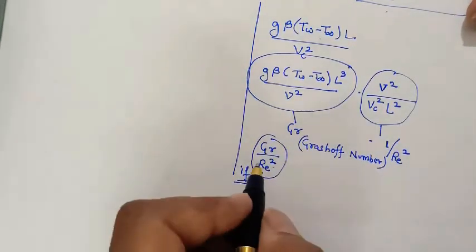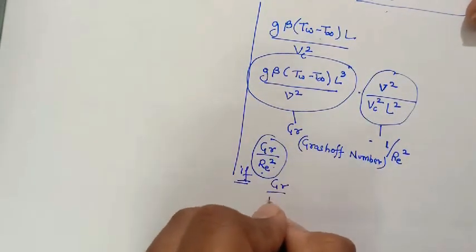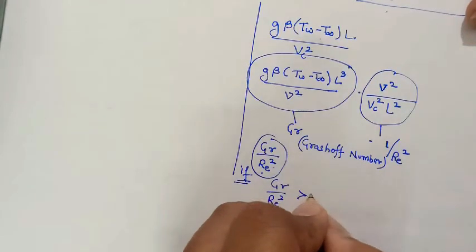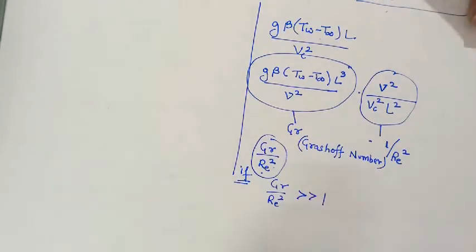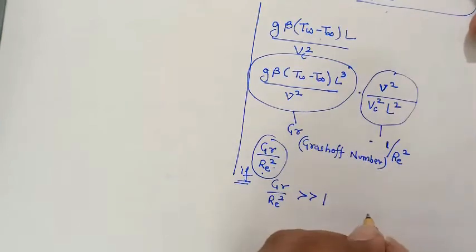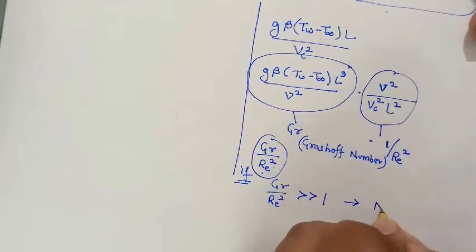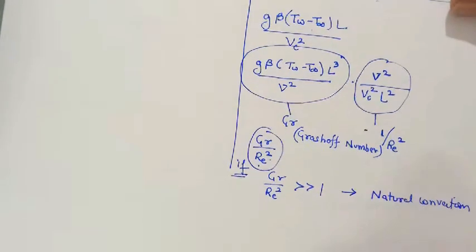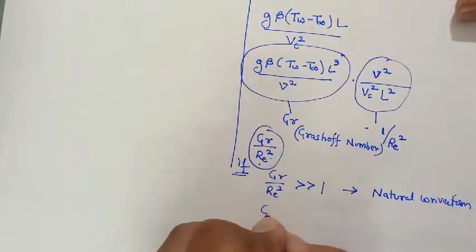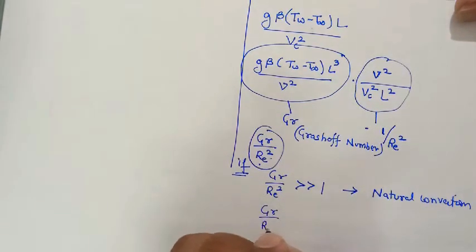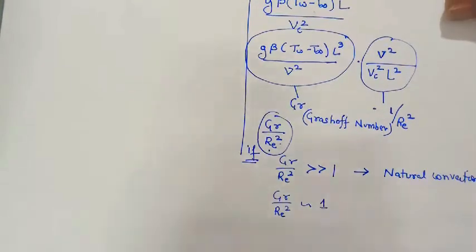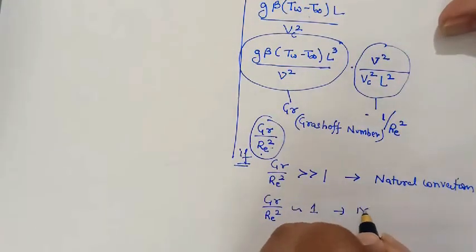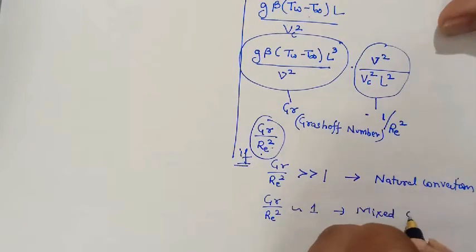If this value is greater than 1, then we say it is natural convection. And if this is approximately equal to 1, then we call this mixed convection.